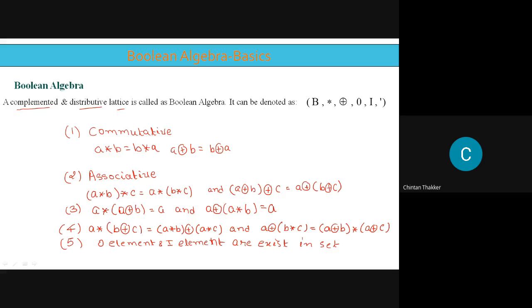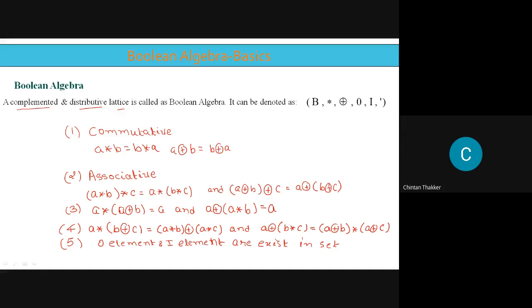What is the zero element? Zero element means GLB of the set, and I element means LUB of the set. So the fifth property is that the zero element and I element exist, belonging to the set. Then we say that the lattice is a bounded lattice.